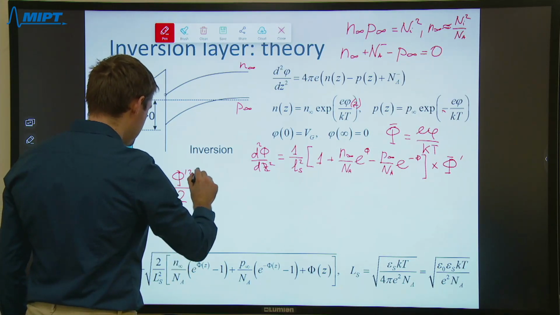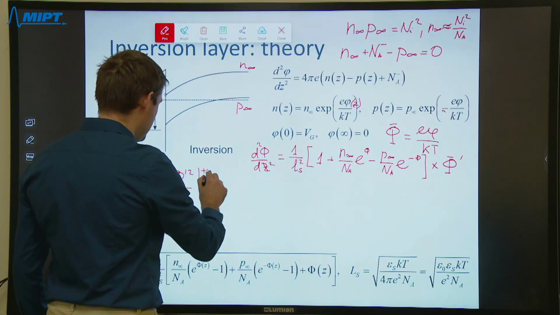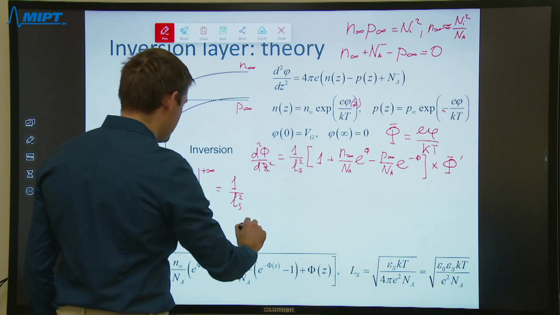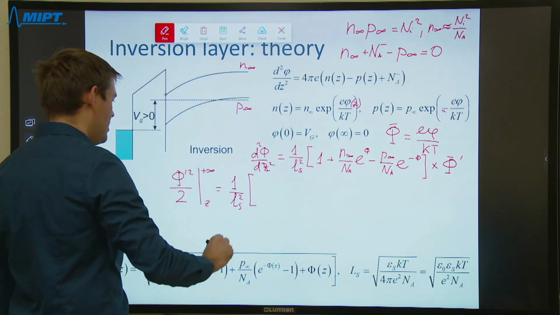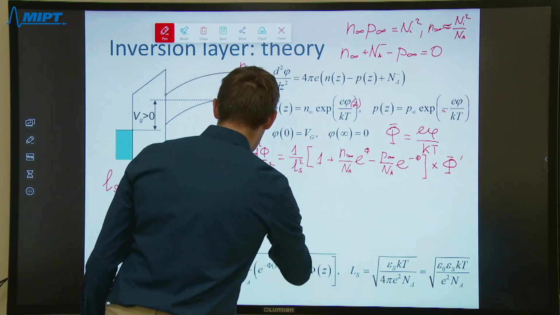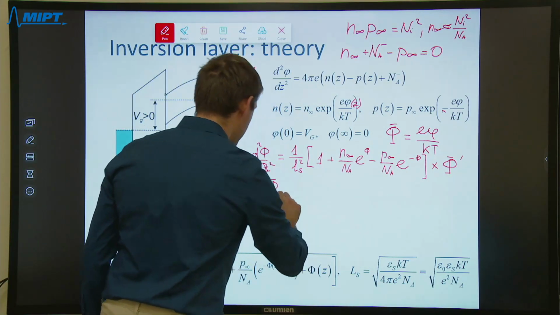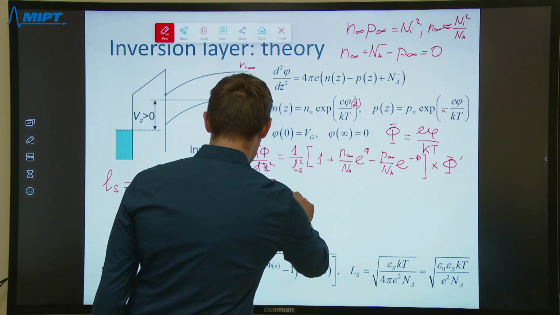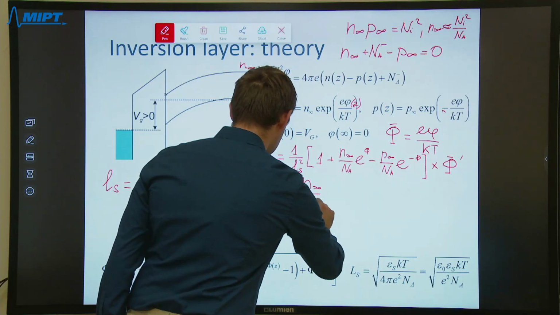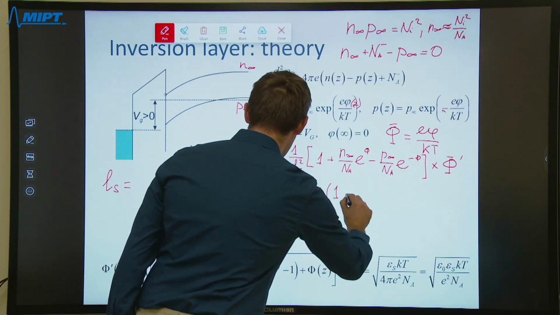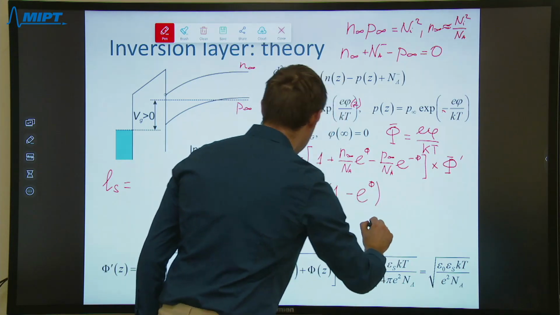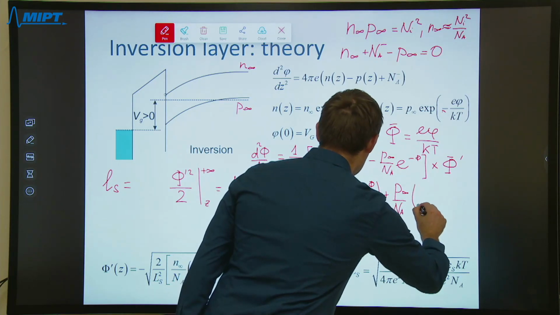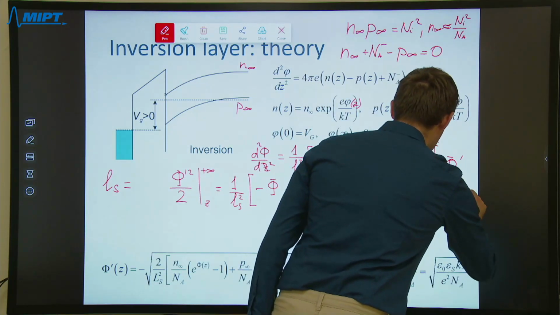Phi prime squared divided by 2 in the limits from 0 to plus infinity equals 1 divided by screening length squared multiplied by minus phi plus n infinity divided by acceptor density multiplied by 1 minus exponent to the power of phi plus p infinity divided by N A multiplied by 1 minus exponent to the power of minus phi.